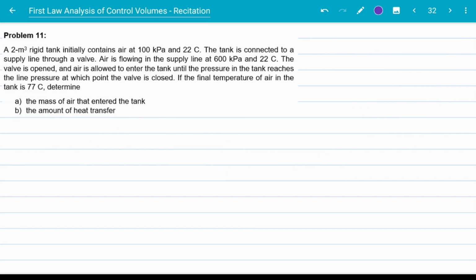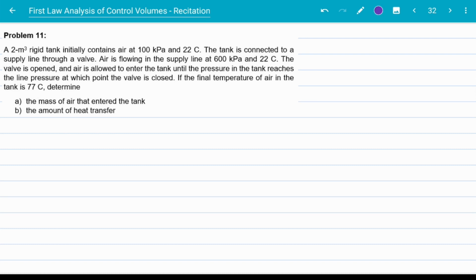Okay, problem 11. We have a 2 meters cubed rigid tank that initially contains air at 100 kilopascals and 22 degrees Celsius. This tank is connected to a supply line. We open the valve and let the air come into the tank until the pressure inside the tank reaches the supply line pressure, which is 600 kilopascals.